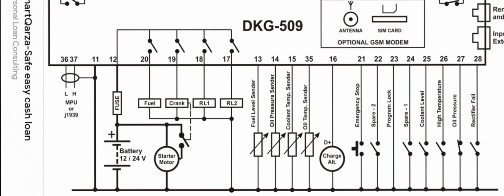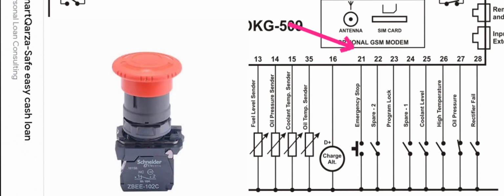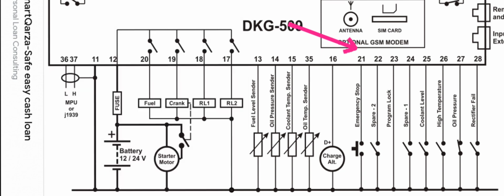After that, the emergency push button input is pin 21, pin 22 is spare, and pin 23 is a programmable input, and pin 24 is also spare.